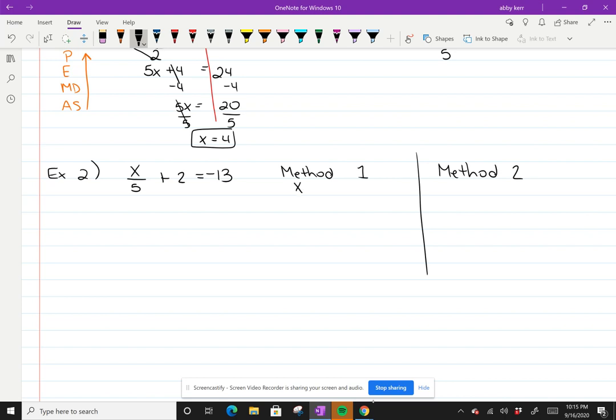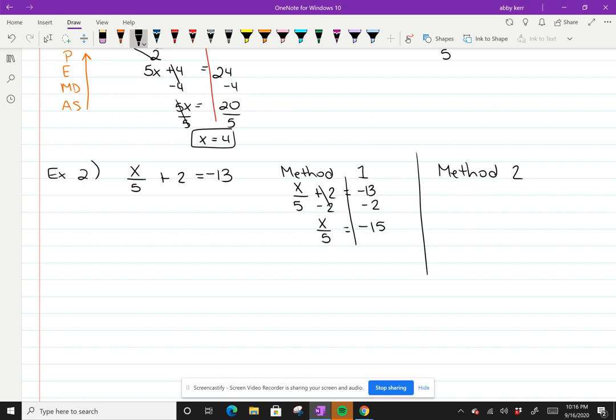So method 1 is to treat this problem kind of normally. I see adding 2, so I'm going to subtract by 2. And then it's x divided by 5 equals negative 15. And then we're left with a fraction.